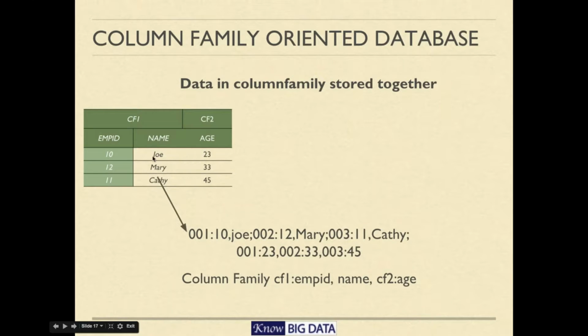I'll show you what exactly it means. So the data in different column families is stored together. First it will store column family 1, then column family 2. But inside a column family, the data gets stored row wise.